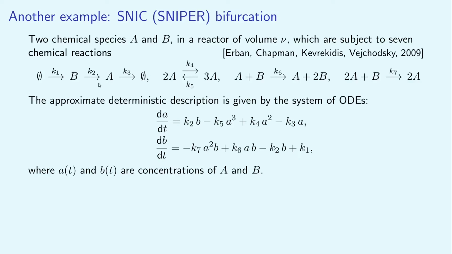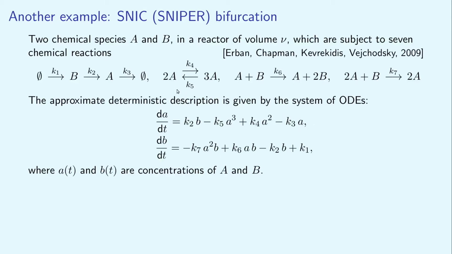The next chemical reaction is the conversion of chemical species B to chemical species A. So this term appears in both differential equations with positive sign in the first one, K2B here, and with negative sign, K2B, in the second differential equation. Next chemical reaction is the degradation of chemical species A with rate constant K3, so it corresponds to term minus K3A in the first differential equation.